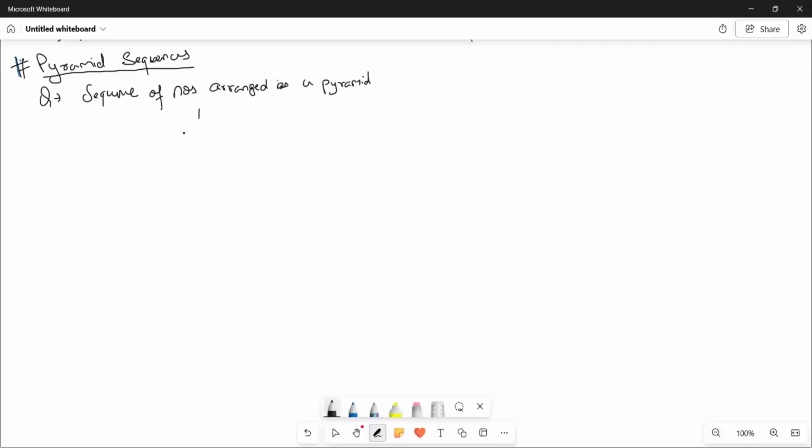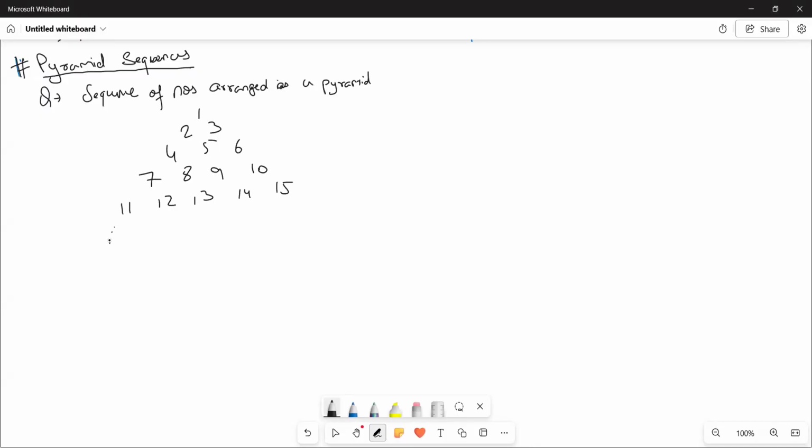Suppose we have a sequence of numbers like this: 1, 2, 3, 4, 5, 6, 7, 8, 9, 10, 11, 12, 13, 14, 15, and so on. If we arrange a set of numbers like this, what do they look like? They look like a pyramid.